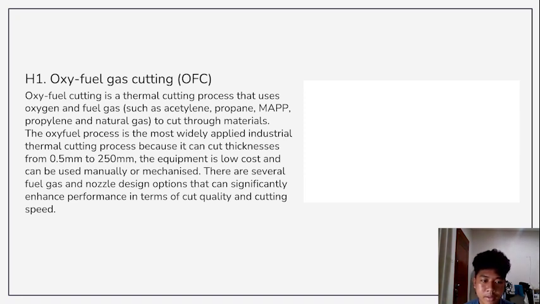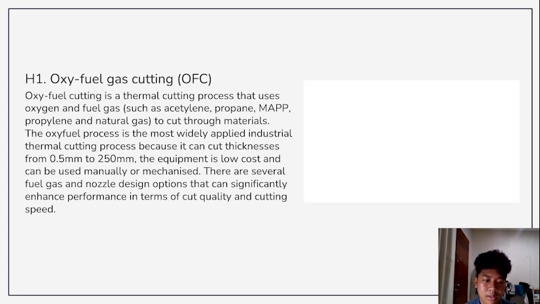Next is oxy-fuel gas cutting, or OFC. It's a thermal cutting process that uses oxygen and fuel gas, such as acetylene, propane, MAPP, propylene, and natural gas, to cut through material.